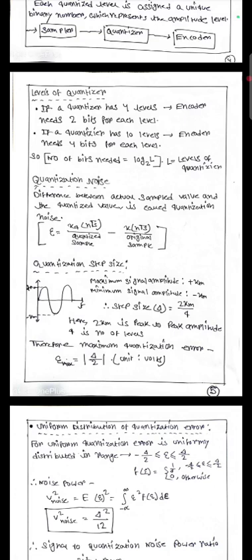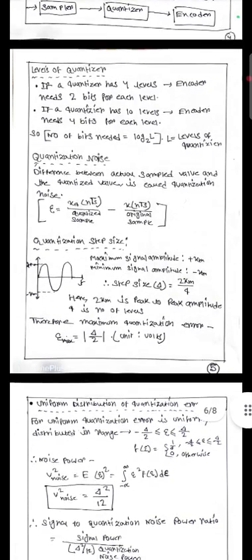Maximum signal amplitude is plus xm and minimum signal amplitude is minus xm. Step size delta is equal to 2xm by 4. Here 2xm is the peak to peak amplitude, and 4 is the number of levels. Therefore the maximum quantization error is equal to delta by 2, and the unit is volts.